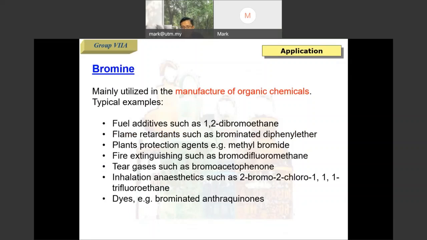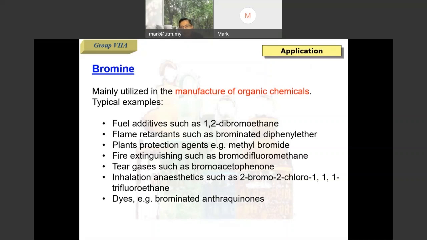It is also used in our fuel for its anti-knock property; you can look up what the anti-knock property is. Flame retardants, such as brominated diphenyl ether, act as radical scavengers. When bromine is heated, it forms elemental bromine, which binds with the radicals that ignite a flame.